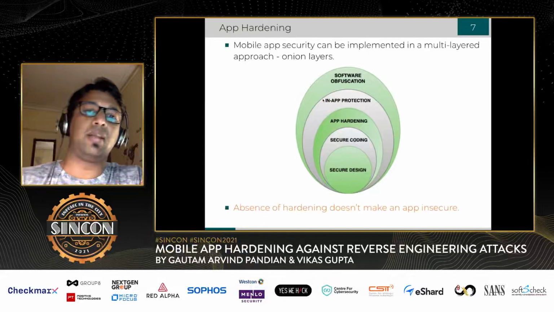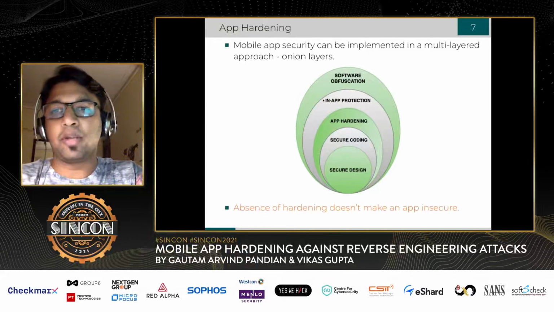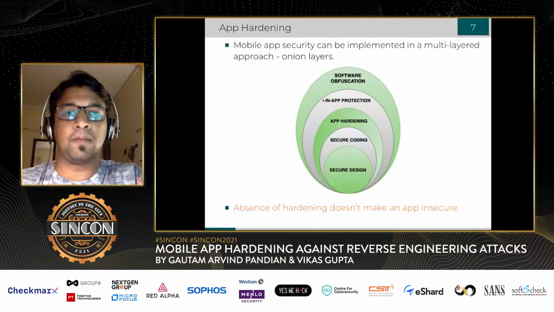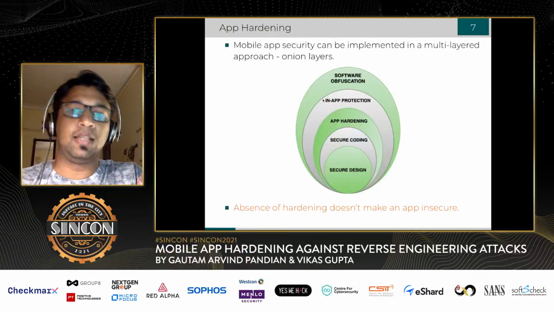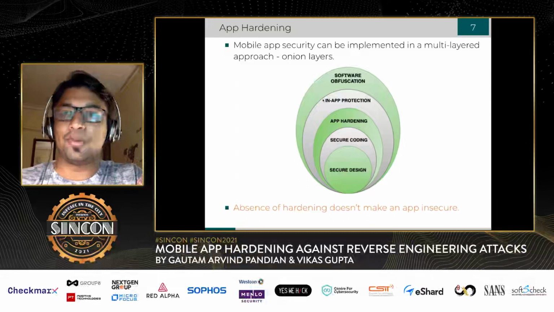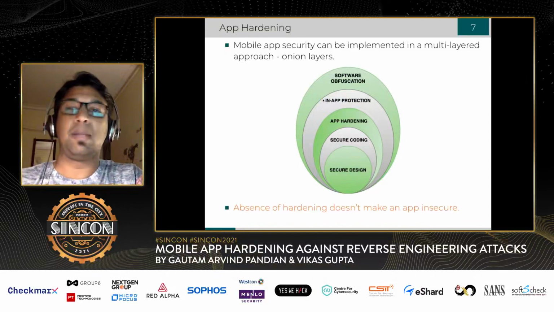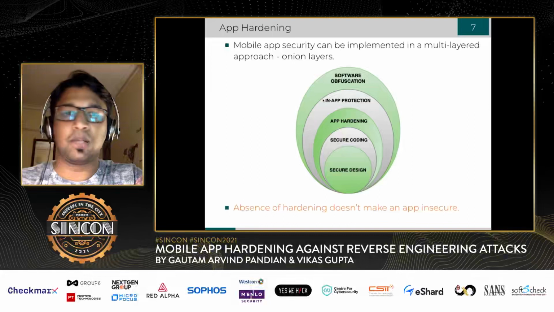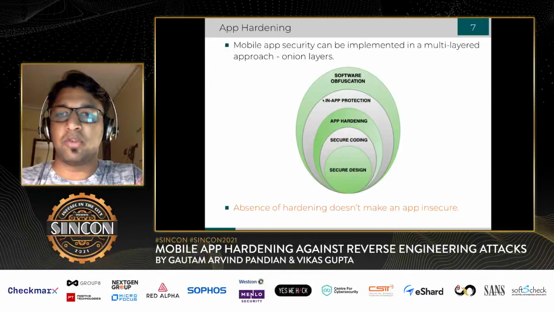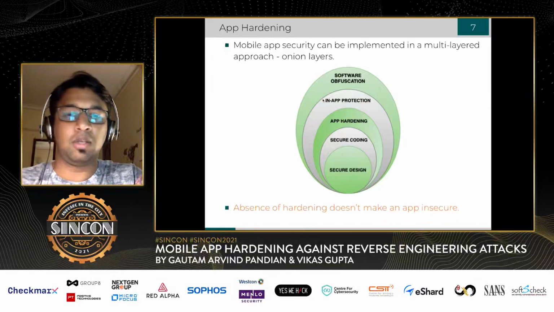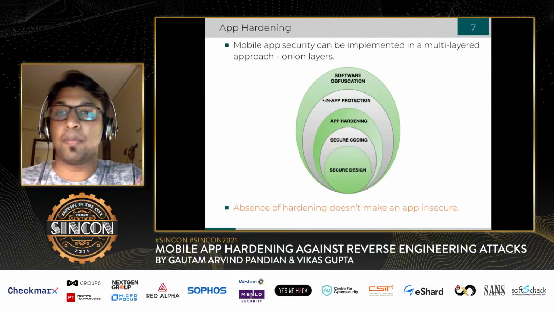To understand how we can really protect mobile applications, there is this particular onion diagram. You can see that there are multiple components which can be implemented to secure a mobile application, or multiple steps or approaches which can be taken. Of course, secure design is the core of it, which can be having proper privilege separation or having the right designs for the protocol and things like that.